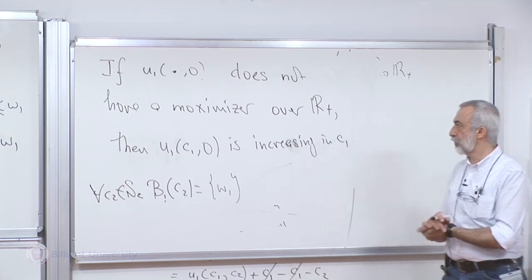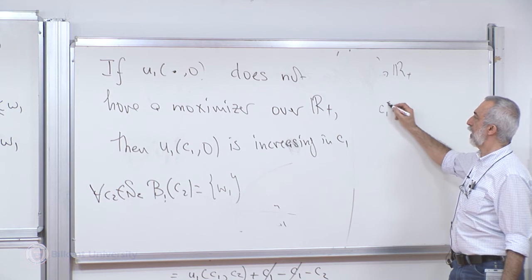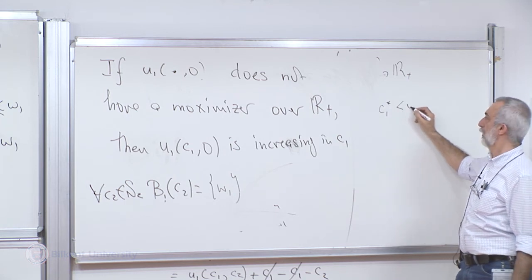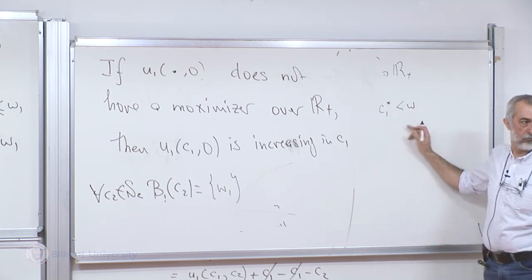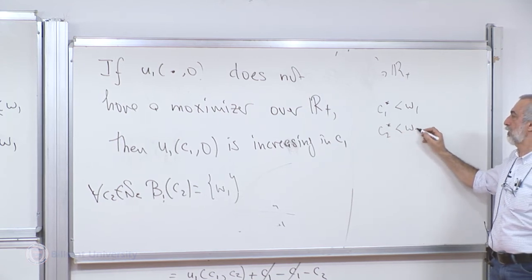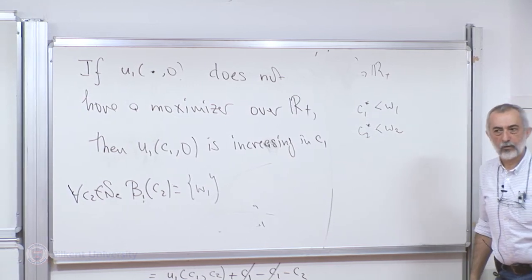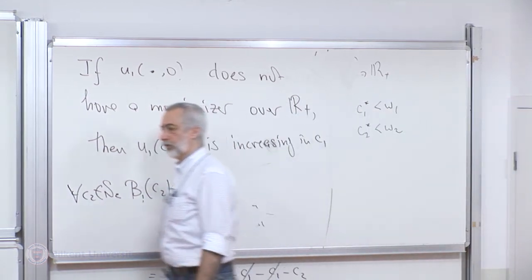So let's consider the case. Try to answer the following. C1 star is less than W1. C2 star is less than W2. Then what can you say about the Nash solutions of this game?